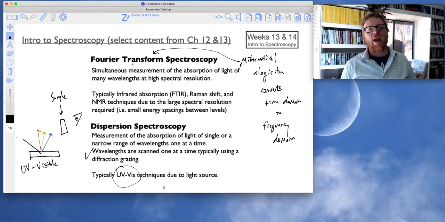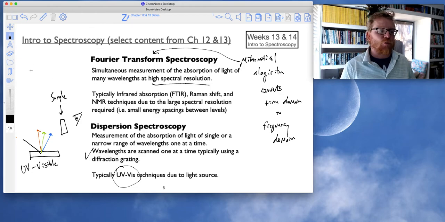So in the FT technique, all of the wavelengths are measured simultaneously at very high spectral resolution. What I mean by spectral resolution is the difference in wavelength that we can measure.